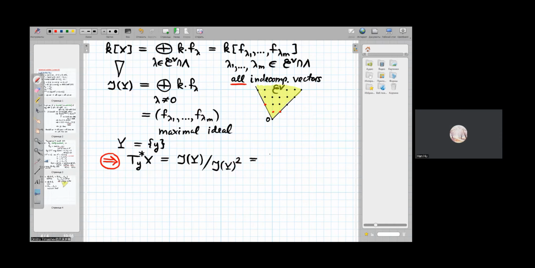So the cotangent space is the linear span of the differentials of these functions at y. And actually, these differentials form a basis for the cotangent space.